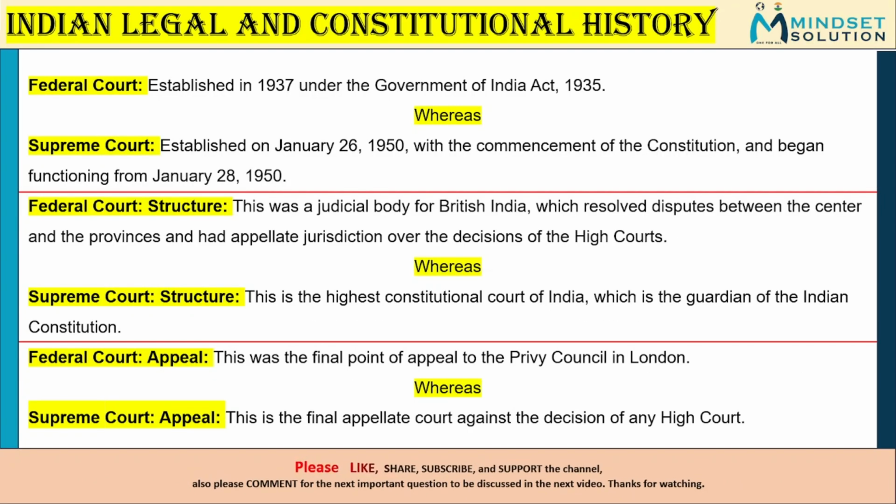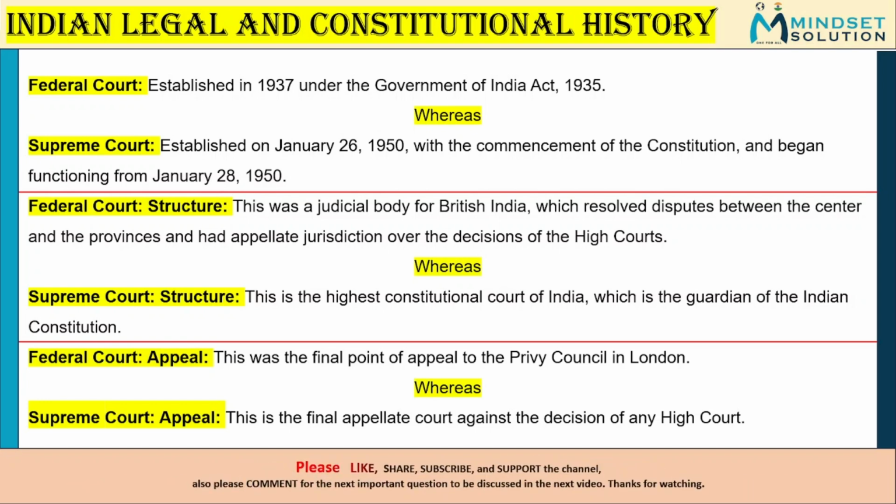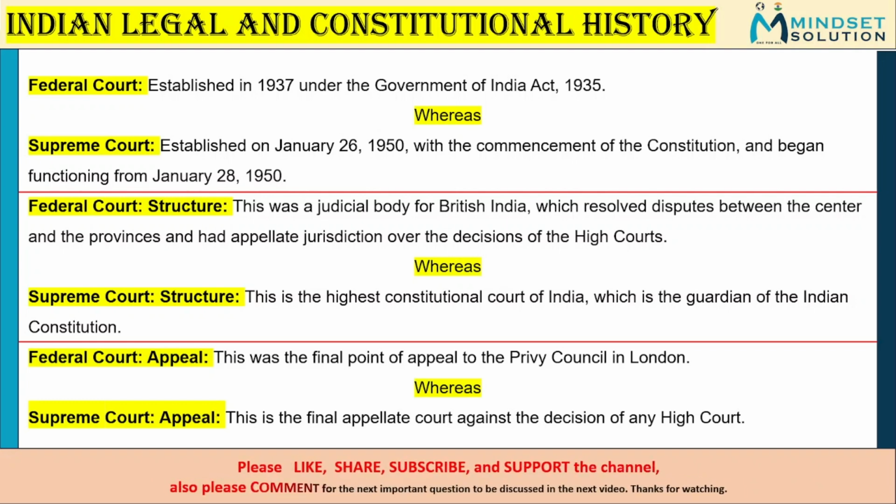The next slide says the Federal Court was established in 1937 under the Government of India Act 1935, whereas the Supreme Court was established on January 26, 1950 with the commencement of the Constitution and began functioning from January 28, 1950. Next is the Federal Court structure.